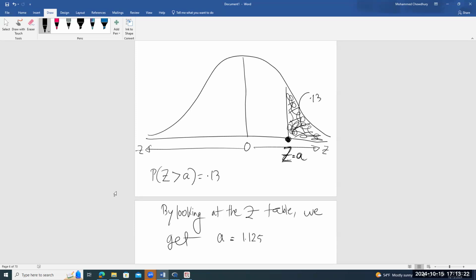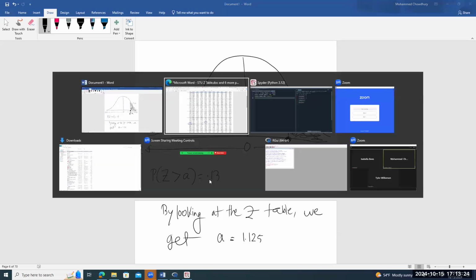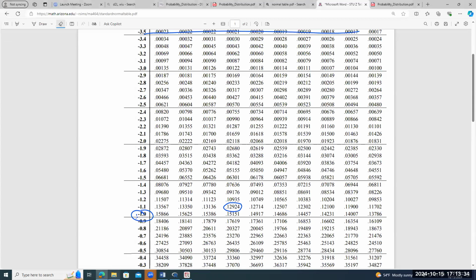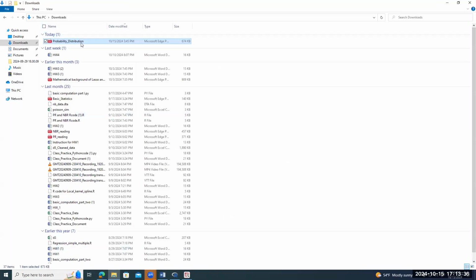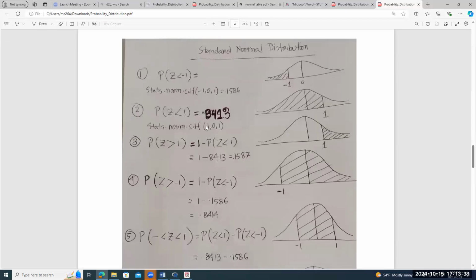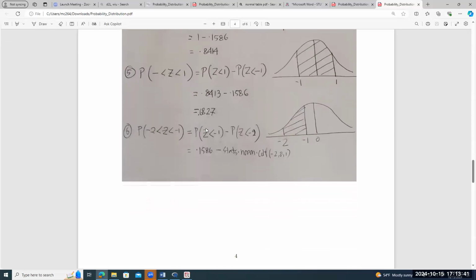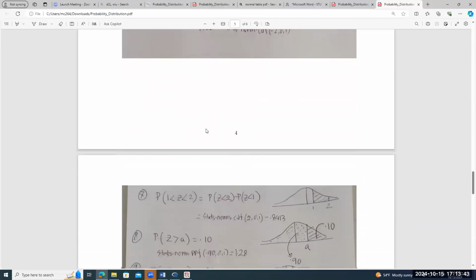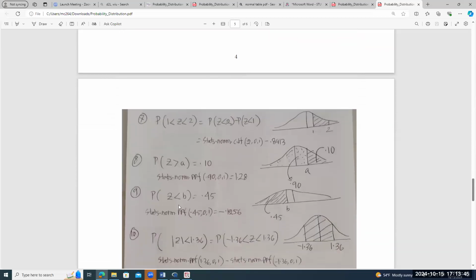And if you want to do this using Python, let me go to that part. This one, stats.norm.ppf.